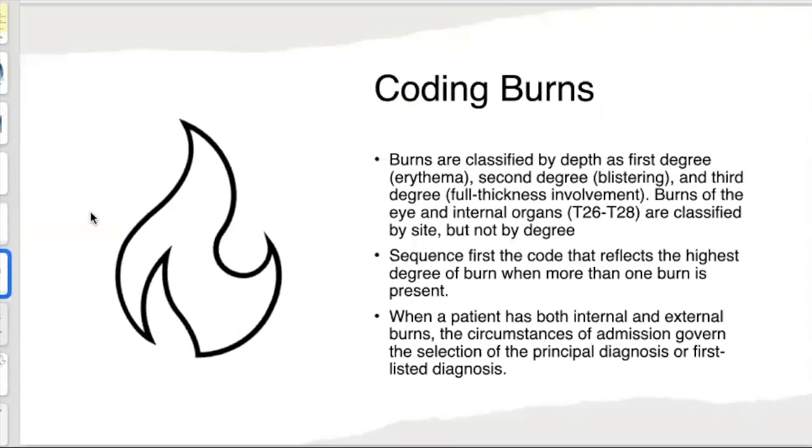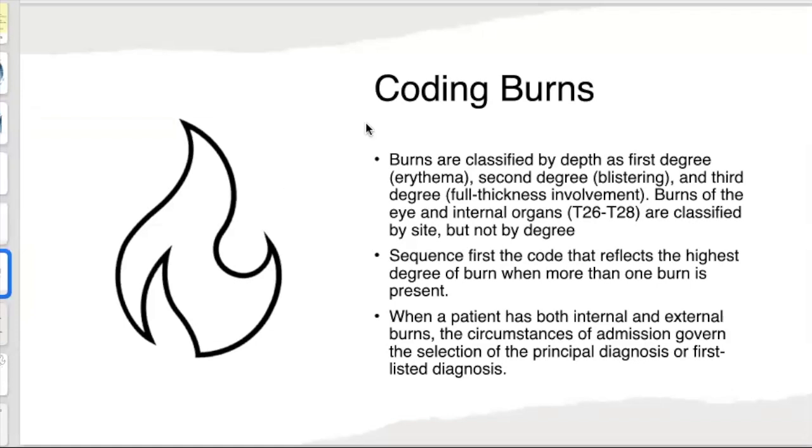Okay, let's talk about how to code burns. Let's read. Burns are classified by depth as first degree erythema, second degree blistering, and third degree full thickness involvement. Burns of the eye and internal organs, which is the code range T26 to T28, are classified by site, but not by degree.